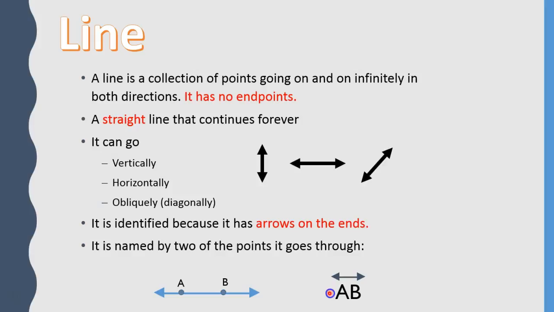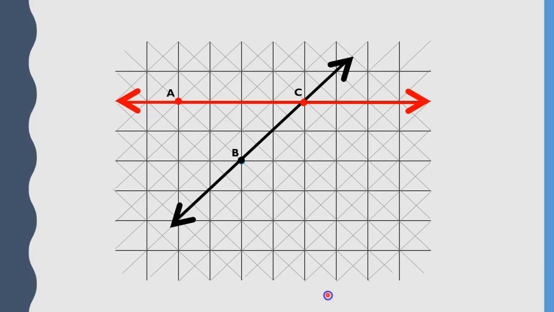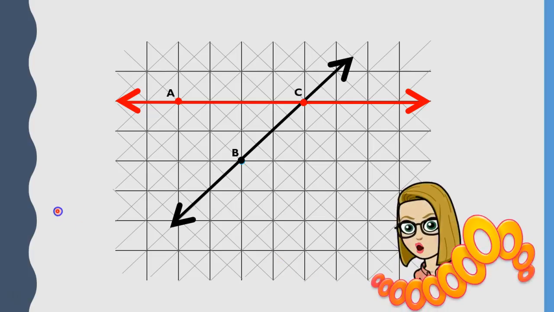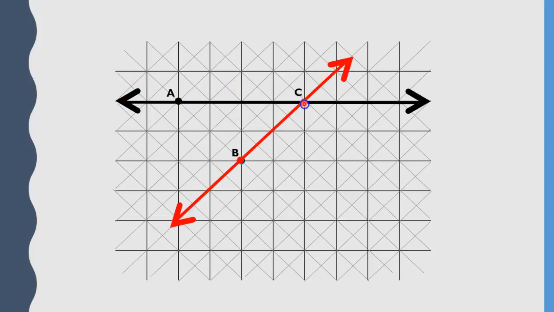So let's take a look at our points in space and how I've created lines that go with them. Okay, so here is line AC, and you know that because there's 2 points, AC, that go right through it. Now this one is line, do you know?